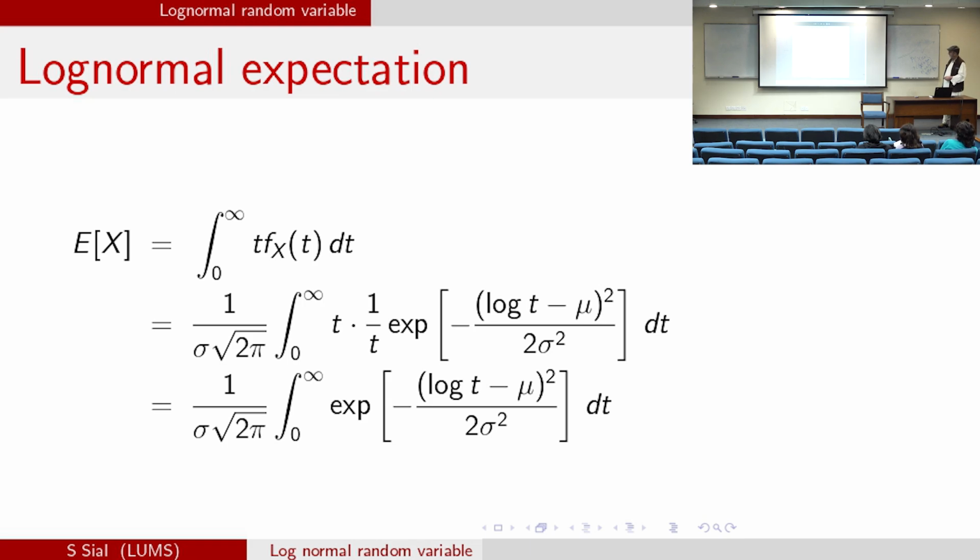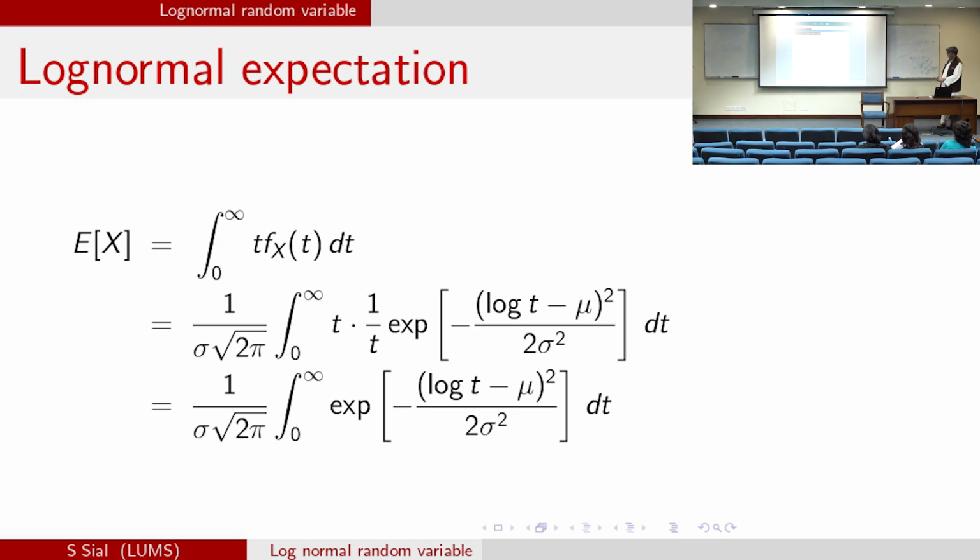You'd have to integrate 1 over sigma root 2 pi times the exponential of all of that. You've got log of t squared in your exponential, which makes this integration non-trivial.